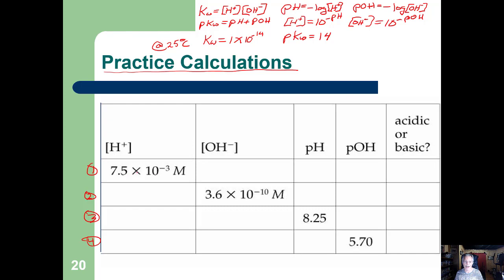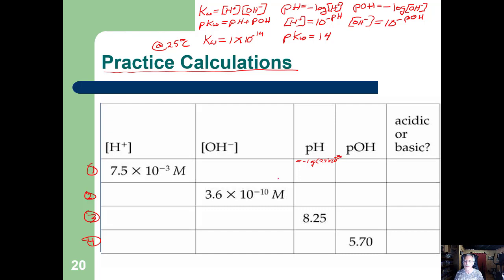Since I've got the hydrogen ion concentration, let's calculate the pH using pH equals the negative log of the hydrogen ion concentration. So pH is equal to the negative log of 7.5 times 10 to the minus 3 molar.